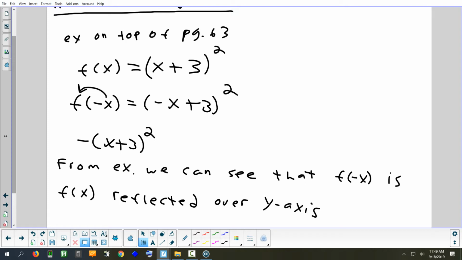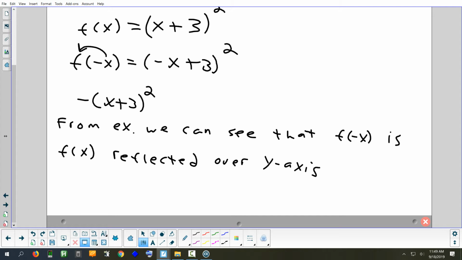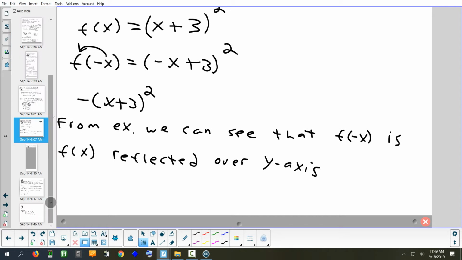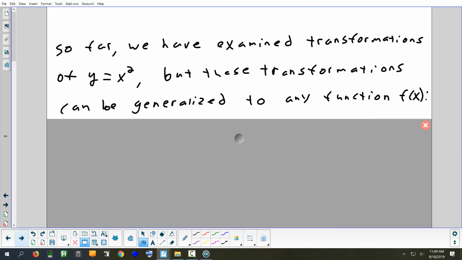So I'm going to summarize that in a chart along with the transformations we did yesterday. So if you missed yesterday, this chart I'm about to put up will be kind of helpful. All right, so we've examined transformations, this was yesterday, on quadratics. But every transformation that I taught you is exactly the same for every other kind of function.